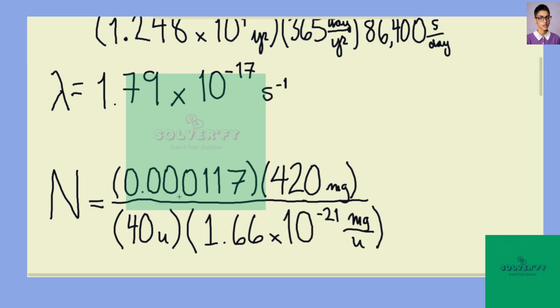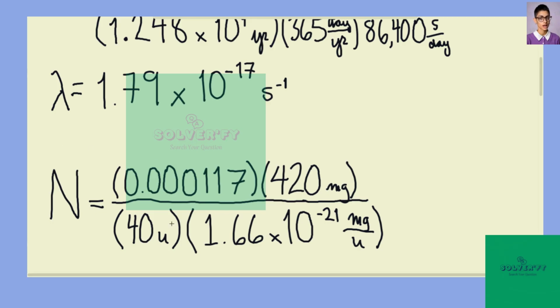So in order to have a fraction of that, we move the decimal point over to the left 2 decimal places. We multiply that by the amount of total potassium we have in our sample, which is 420 milligrams. This numerator is the amount of potassium-40 in milligrams.